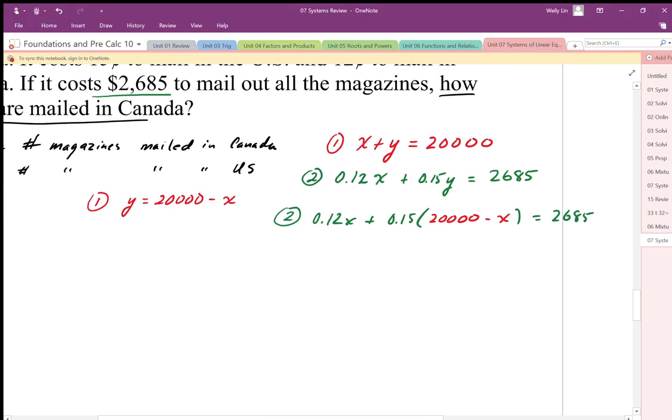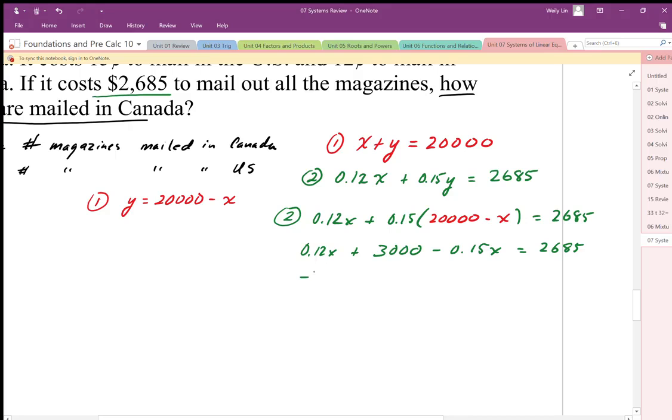Going ahead and solving this equation, we end up with 0.12x plus 0.15 times 20,000, which is 3,000, minus 0.15x, and that's equal to $2,685.